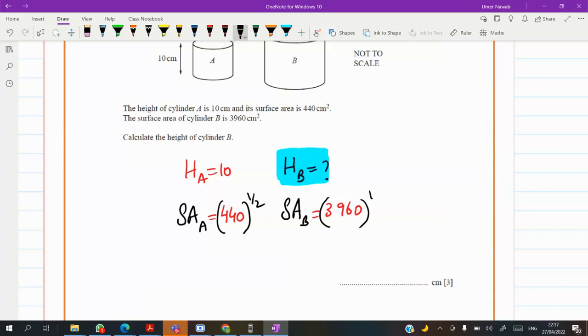So 1 over 2 and 1 over 2. This one represents the heights, and 2 represents the areas.